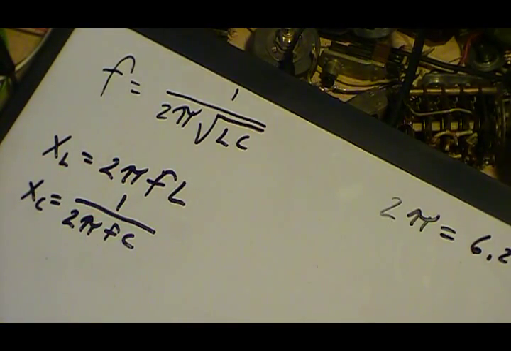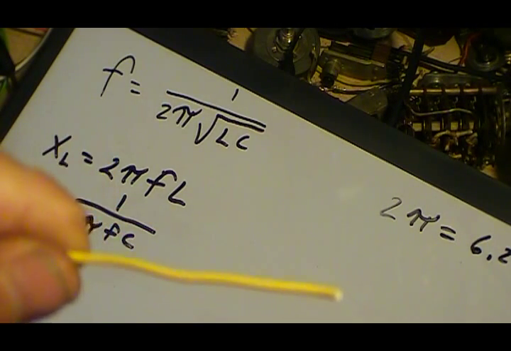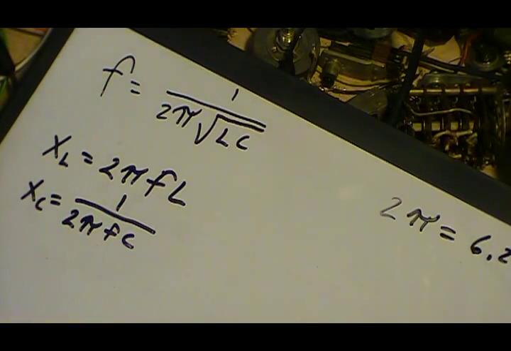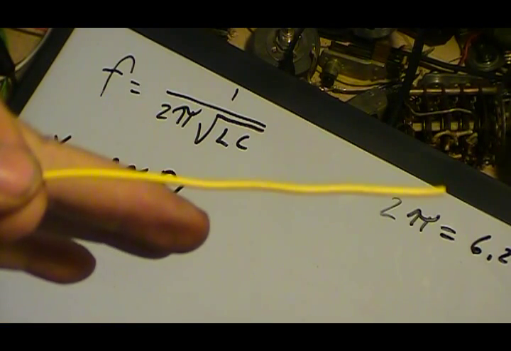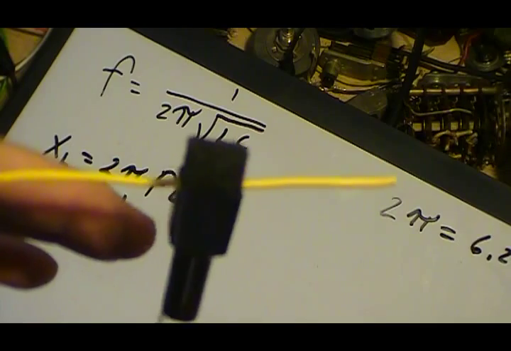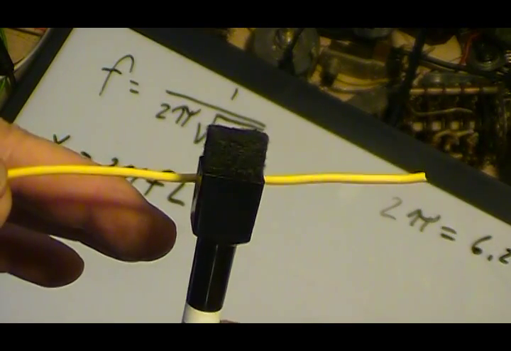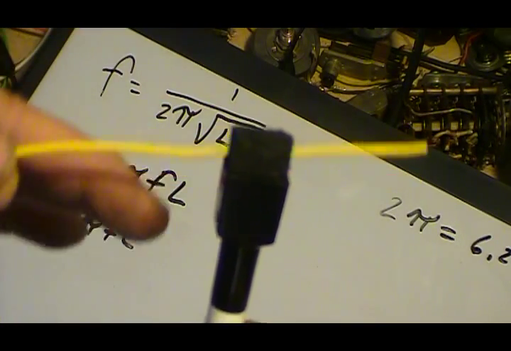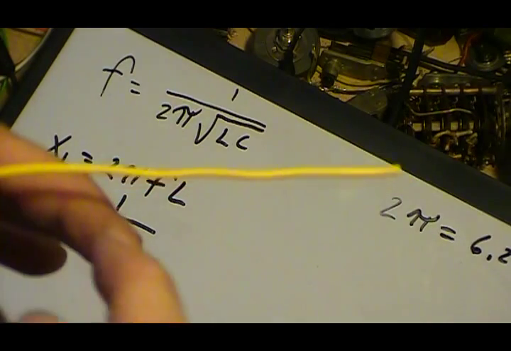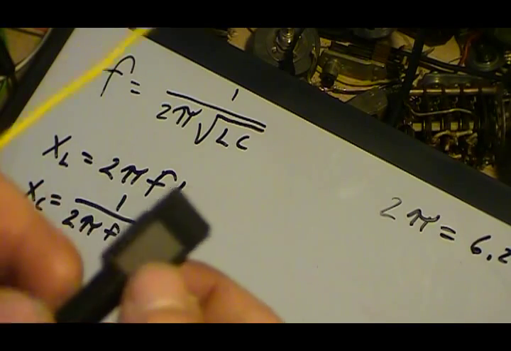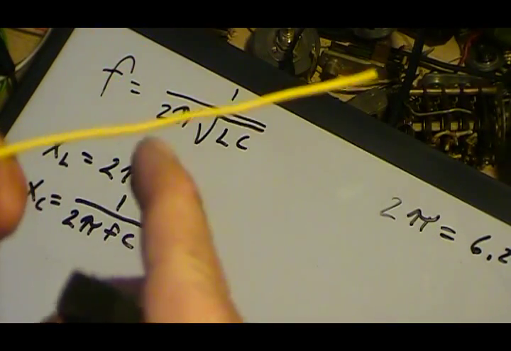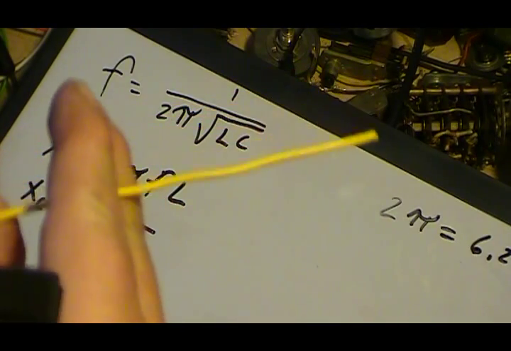Now, the same principle works in the opposite direction. Say that there's a magnet here. If I got a piece of wire and I start moving the magnet back and forth on it, I've got to keep it in motion. Now, either I can move the wire or I can move the magnet. Either way, the magnetic field that's around this magnet will cut across this wire, literally cutting through it.